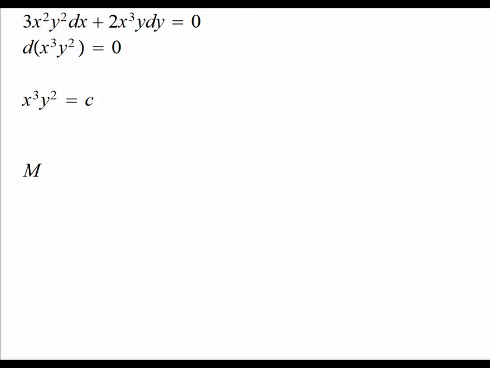What I mean to say is that, say we have a differential equation that looks like M dx plus N dy, where M and N are continuous functions of x and y.